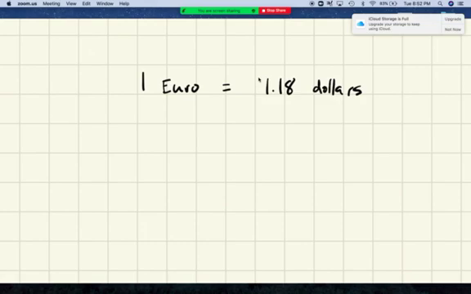So this is just something that I looked up. €1 is 1.18. If we had, say, Tom earns $15.